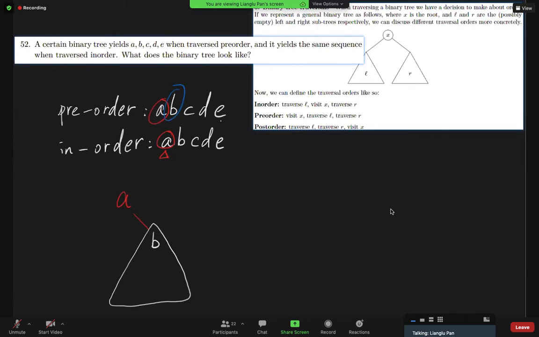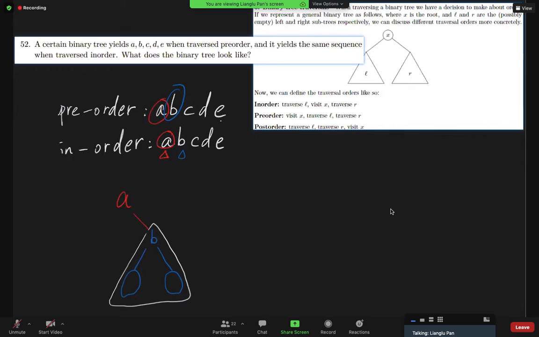After identifying that B is the root node, we can repeat what we just did. Let's figure out whether we can have any node in its left subtree and some other node in its right subtree. By looking at the in-order sequence, node B is the first node being visited after visiting A, the root node of the entire tree.